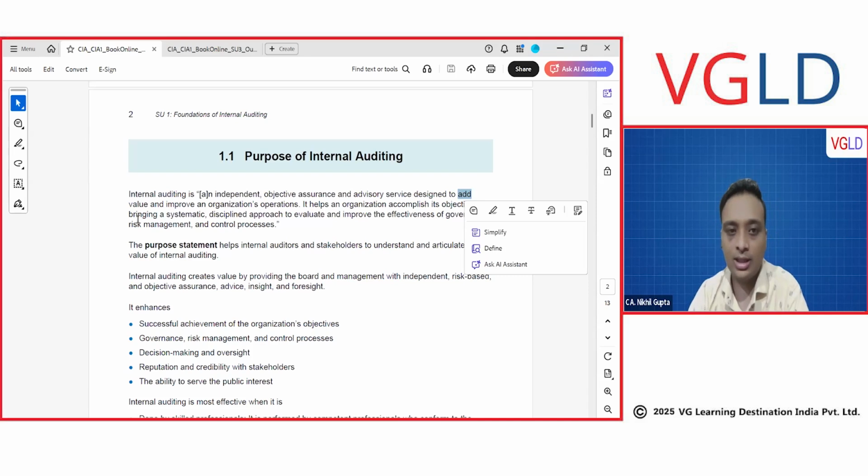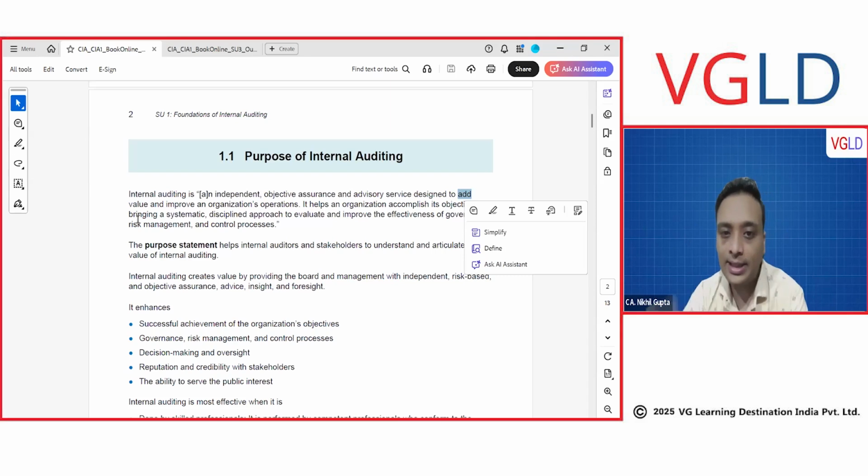And how can it do it? Bringing a systematic and disciplined approach means that when the top management of any company comes up with policies and procedures, it's our responsibility as internal auditors to evaluate them and also define a disciplined approach for all the control owners and all the processes in the organization so that they function as expected.